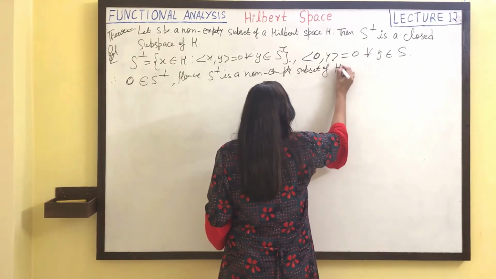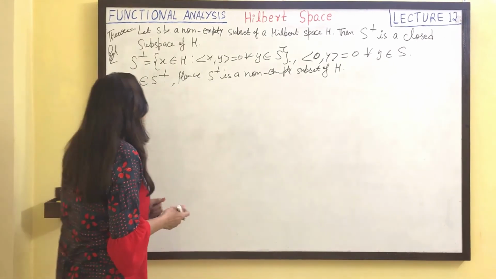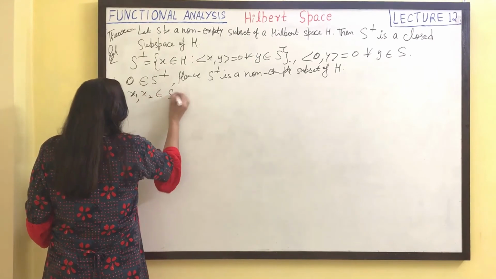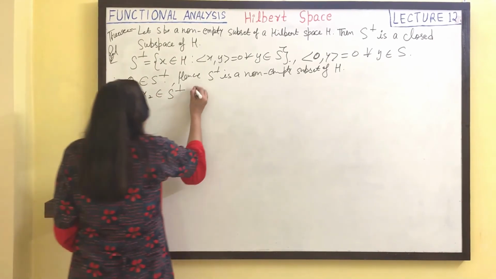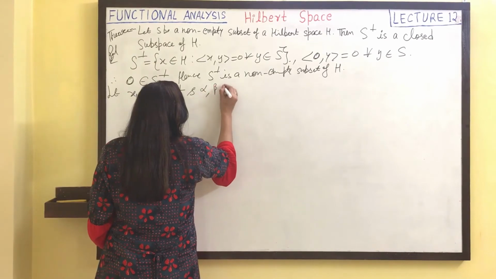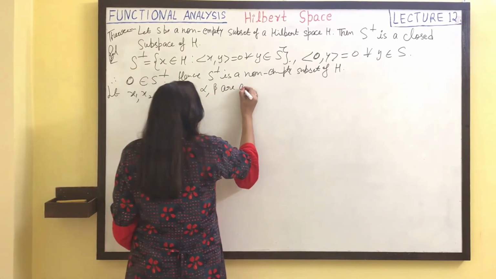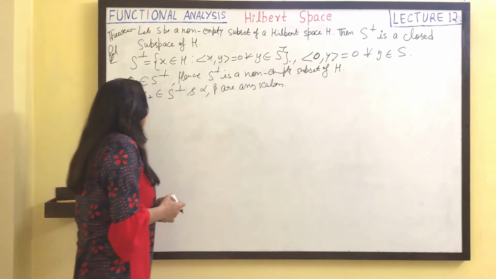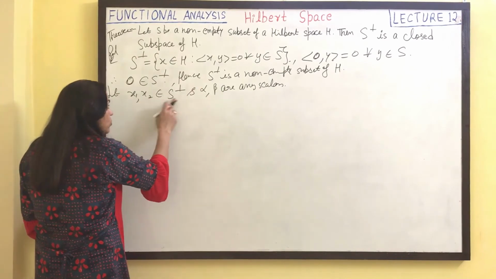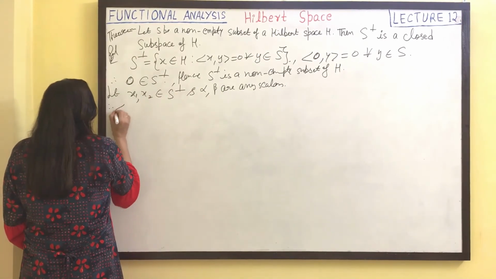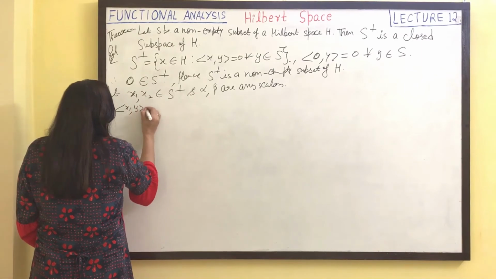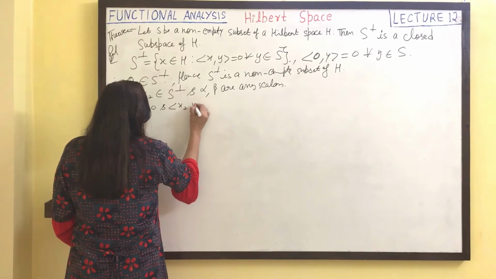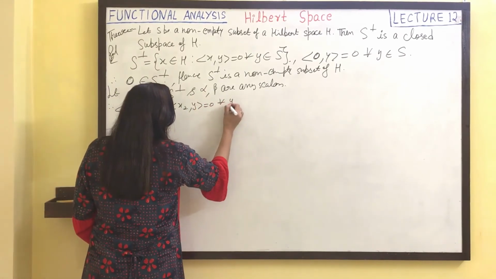Now we assume x1 comma x2 belong to S perpendicular and alpha comma beta are any two scalars. Then as x1 and x2 belong to S perpendicular, therefore the inner product of x1 comma y is equal to 0 and of x2 comma y is also 0 for all y.